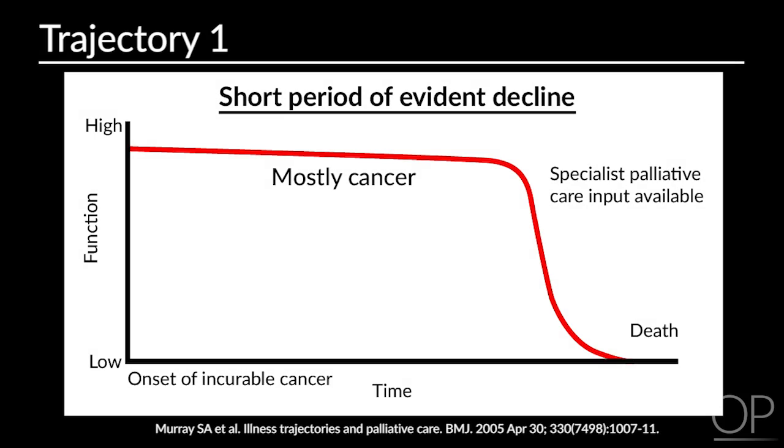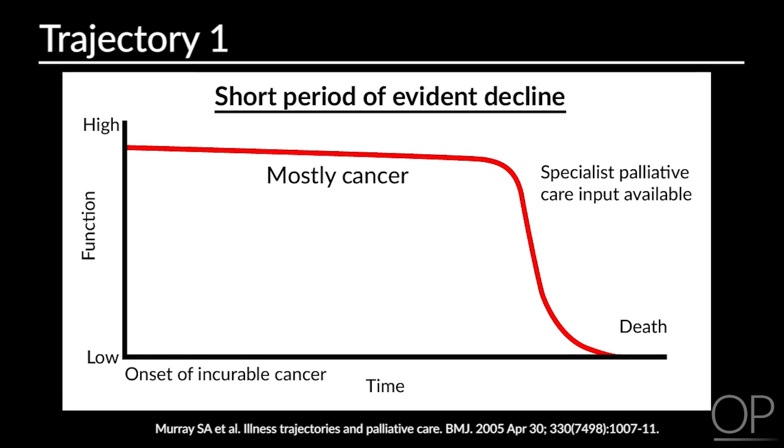So thinking again about trajectory 1 in a patient where you expect the period of significant decline may be coming, you may find a time, not in crisis, to acknowledge that they've been fighting very hard and doing everything that could be done and everything that they've been asked to do to try to defeat this illness.